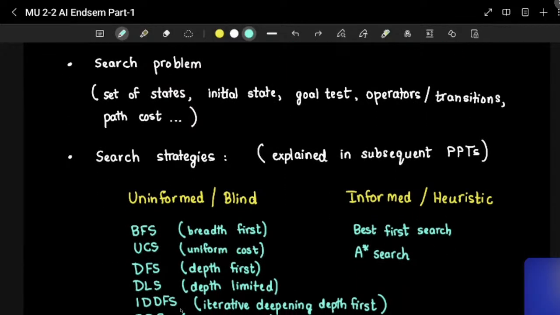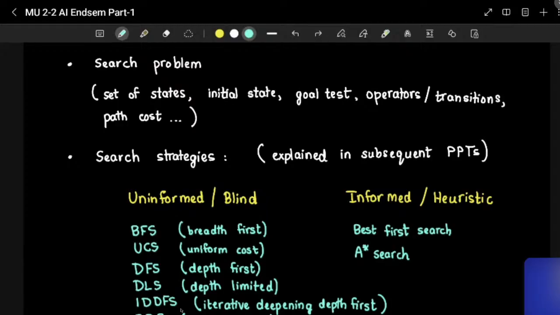So essentially, any problem, for example, there is the n queens problem, there is the 8-5-3 jug problem. If any problem is there, you should be able to convert it to a search problem. So it will have a set of states, it will have an initial state, you'll have a goal test, or you can simply write goal state, that is also fine.